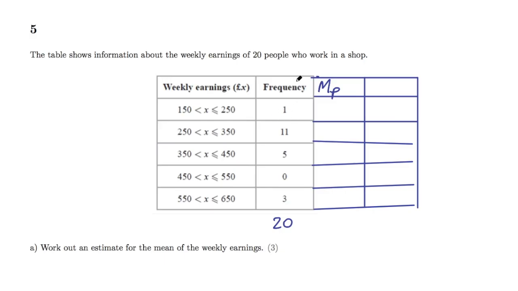The reasoning behind this is that we have one person in here that's earned between 150 and 250 pounds. And we don't know exactly how much that person has earned. So to work out an estimate for the mean, we need to guess that that person earned about 200. So the midpoint of this range is 200.